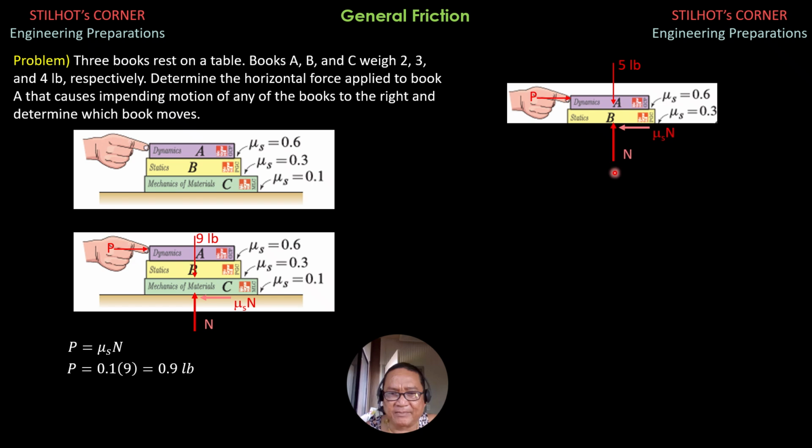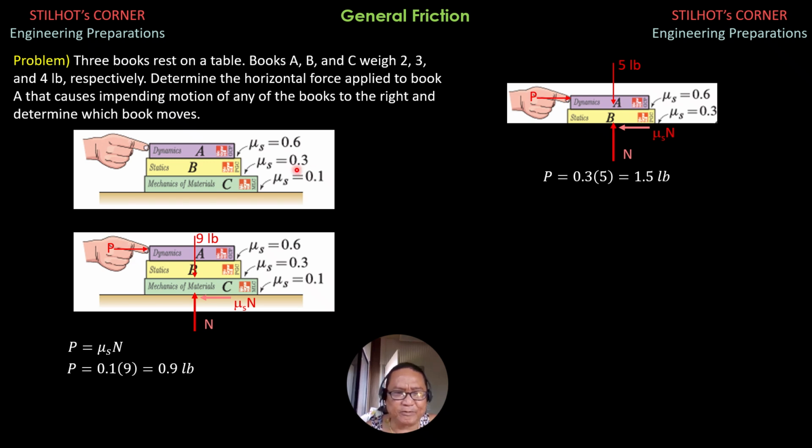Then normal and maximum frictional resistance mu sub s times N. The normal in this situation is equal to 5 pounds, obviously, and P is equal to mu s times N, where mu s this time is 0.3. So 0.3 of 5 is 1.5 pounds, so P is equal to 1.5 pounds.